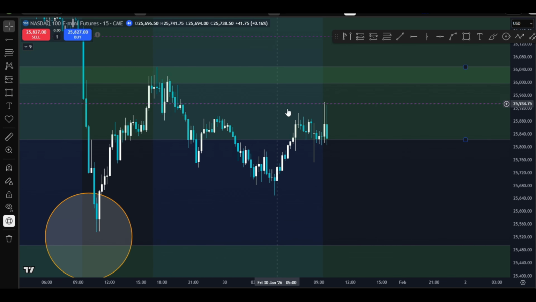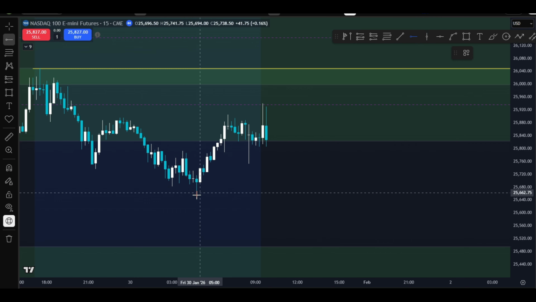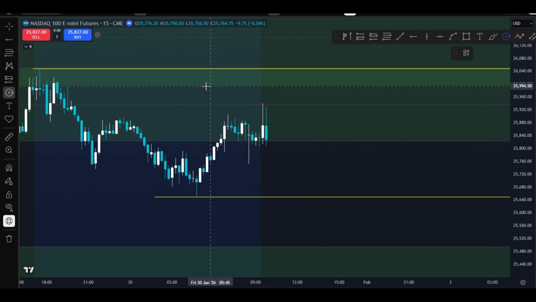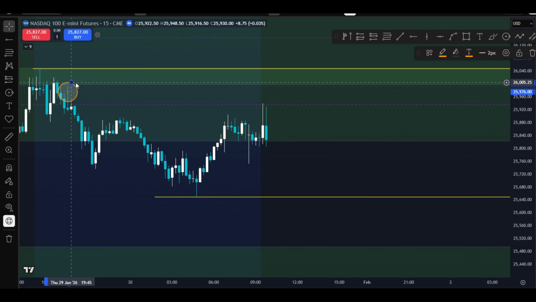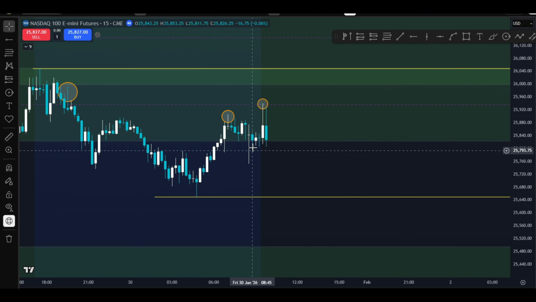Within the lower time frame, this is external liquidity, right? So this is a dealing range high, dealing range low, right? So what we can target is the internal liquidity. What is the internal liquidity? Are these ones, these ones, these ones, if you want to go high, right?